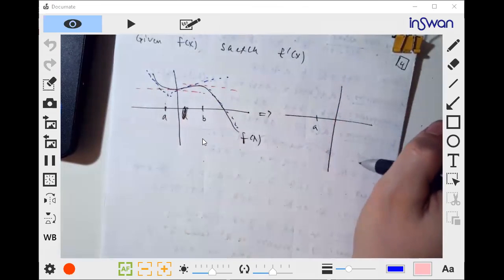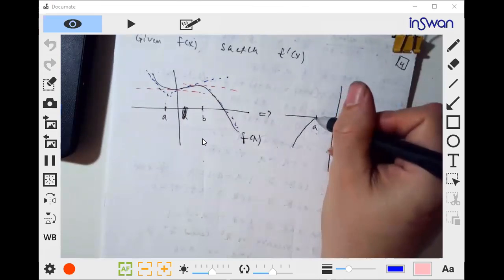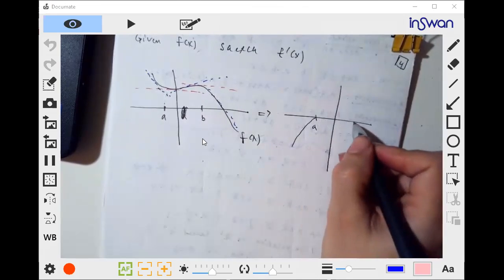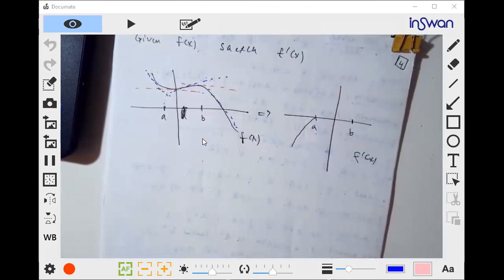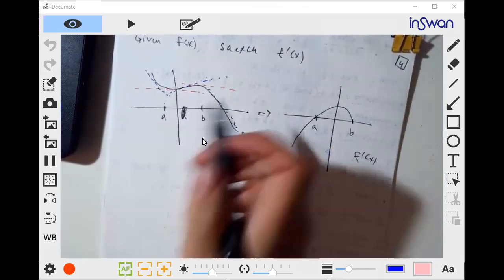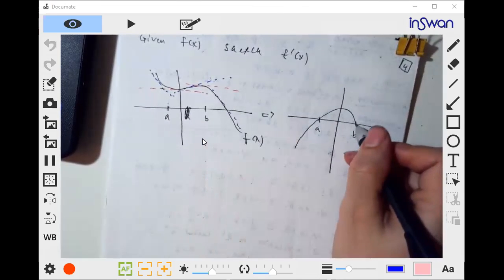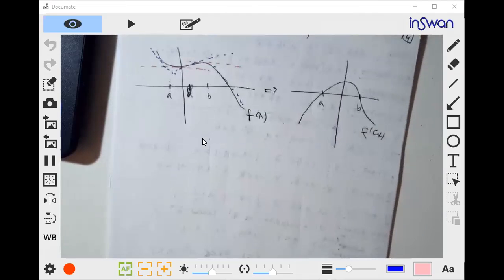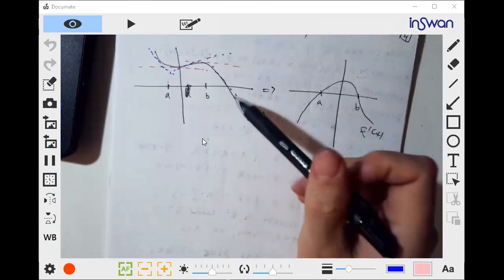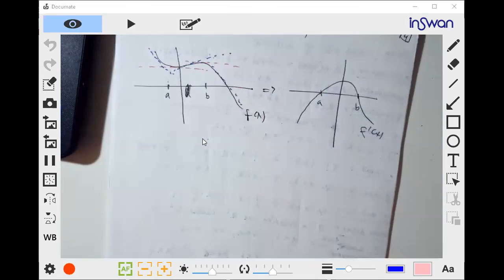So if f prime of x quantifies the slope values, it's going to be negative and then cross the x-axis at A. Then beyond A, all the way to B, it's positive. And at B, it becomes 0 again. Surpassing B to higher values, we notice that the slope is negative, so it goes down again. All right. So this is f prime of x right here, and we were able to sketch it based off of analysis of the normal function, f of x.